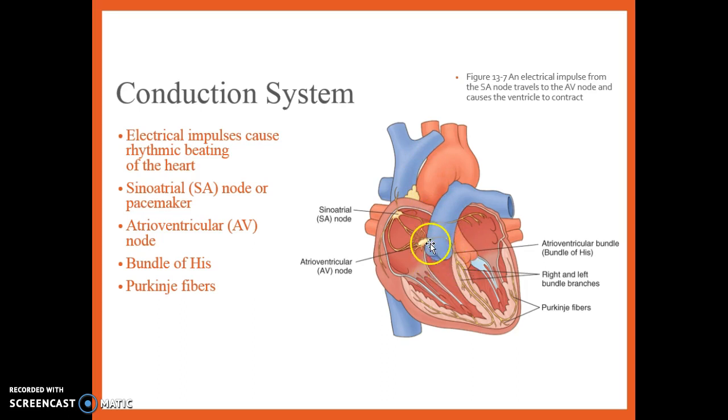Then you have the atrioventricular node, and you'll notice there's kind of a gap here, the node, and there are some fibers there that inhibit the flow of that electrical signal. The outcome is a gap in time between when the atria contract and when the ventricles contract. We like that happening because that gives time for the blood to flow from the atrium into the ventricle.